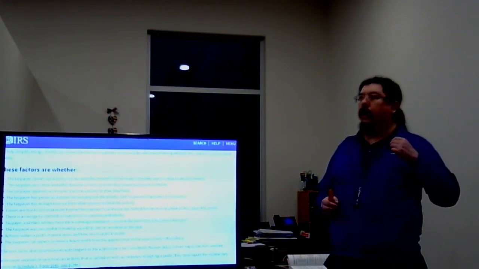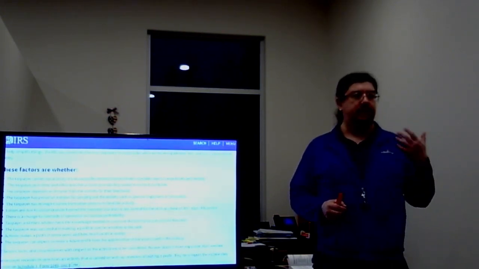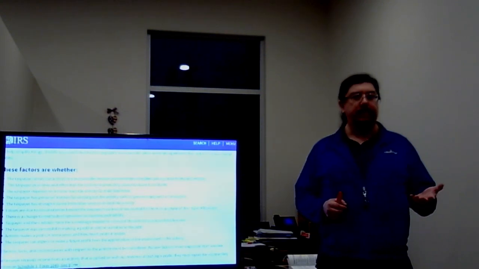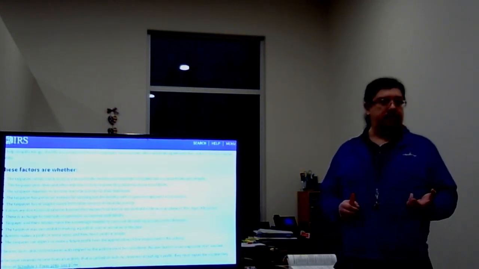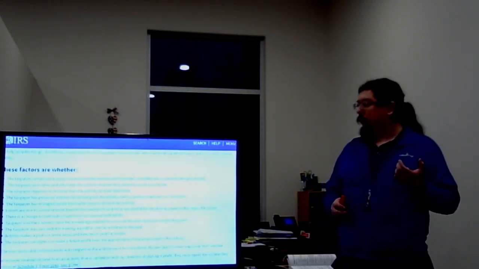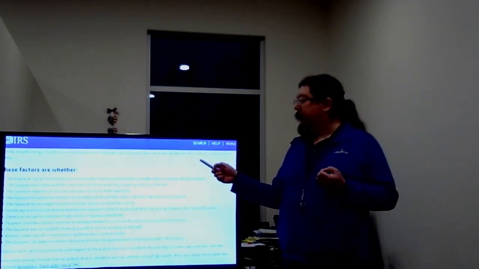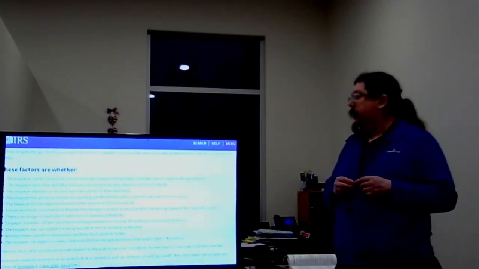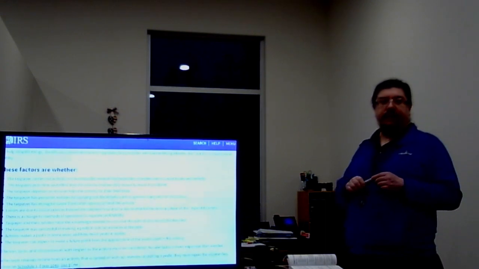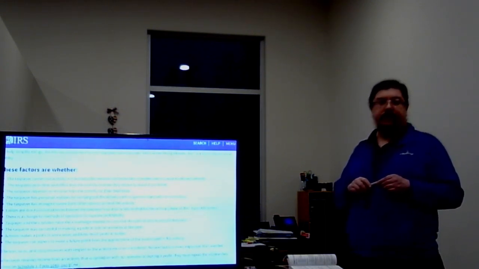The more effort you put into keeping track of what you're doing, the more likely it is to be a business. Let's see, whether you put enough time and effort into the activity to show that you have an intent to make it profitable.